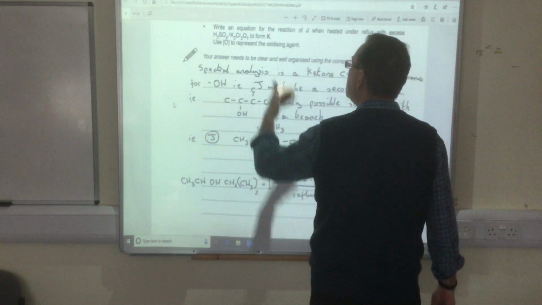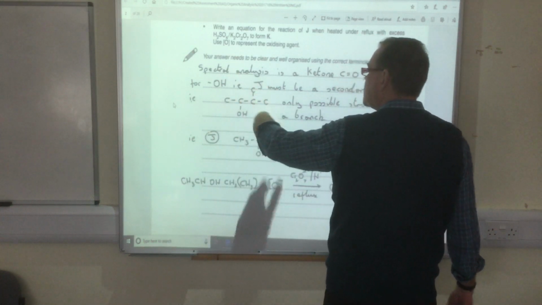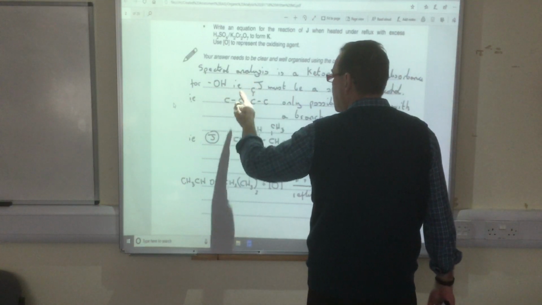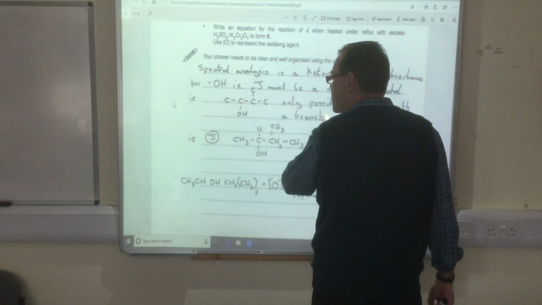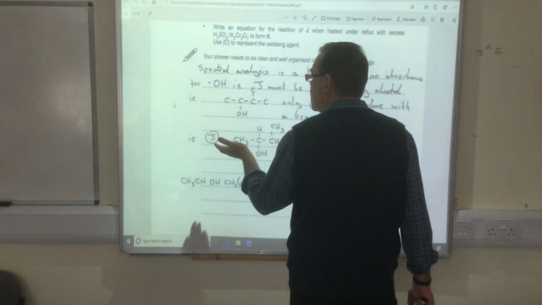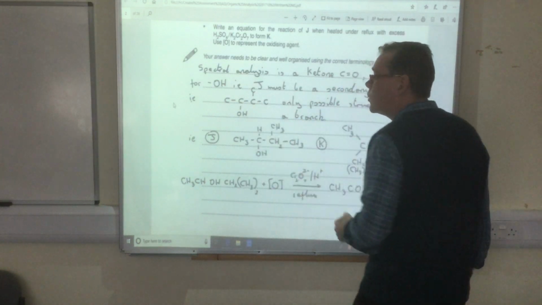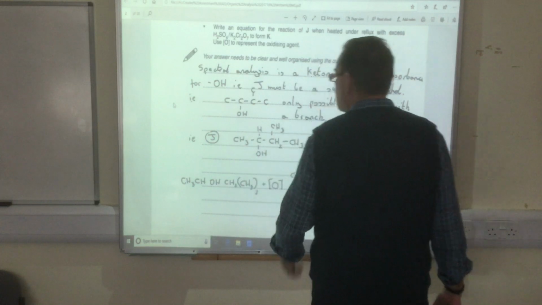And if it's got a branch in it, C5, got to stick a branch in somewhere. And the OH, any place the OH can go to make a secondary alcohol, to make a ketone when it's oxidized, is there. So that is the only structure, totally unambiguous, no other possibilities at all.